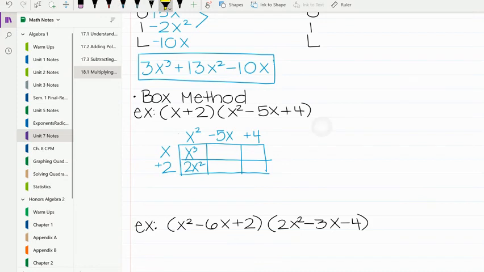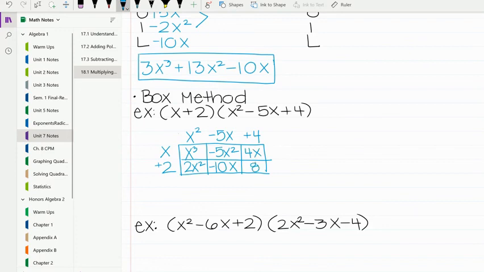For the next one, it would be negative 5x times the side length of x. So that would be negative 5x squared. The next one would be negative 5x times 2, which would be negative 10x. The next one would be 4 times x, which is 4x. And lastly, 4 times 2, which is 8.